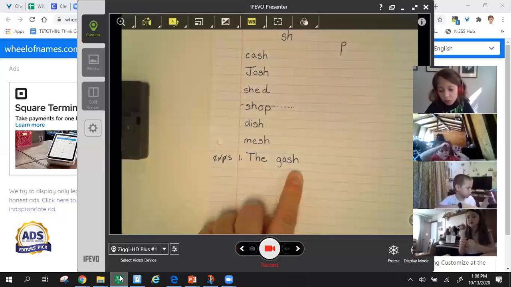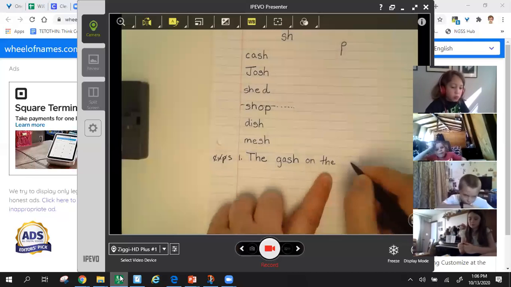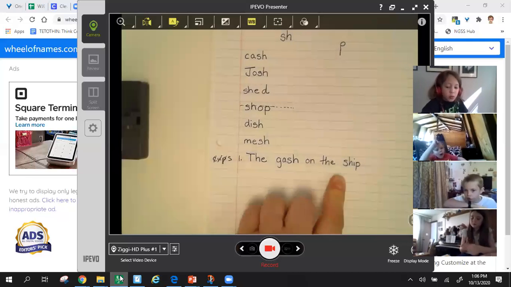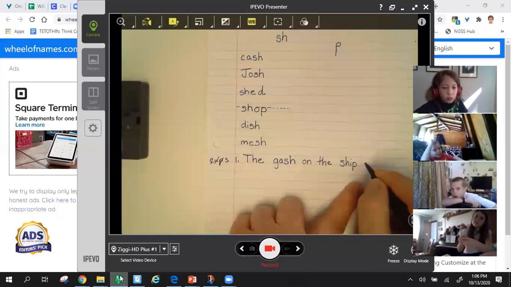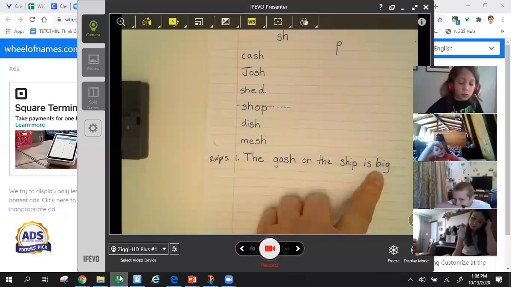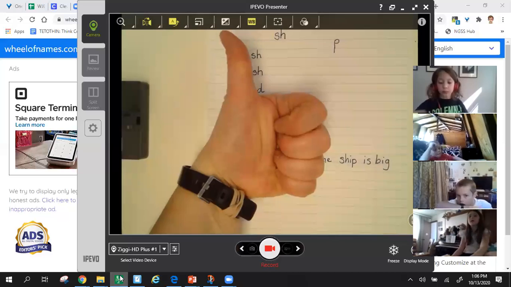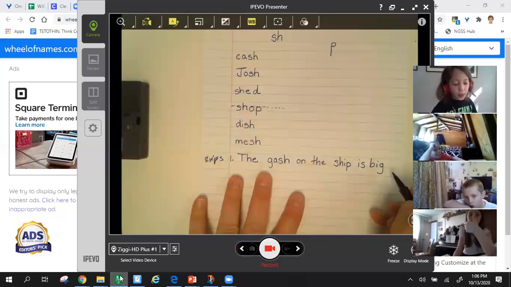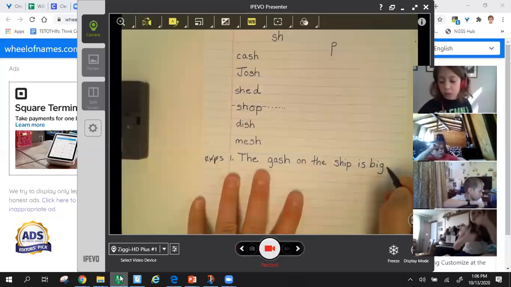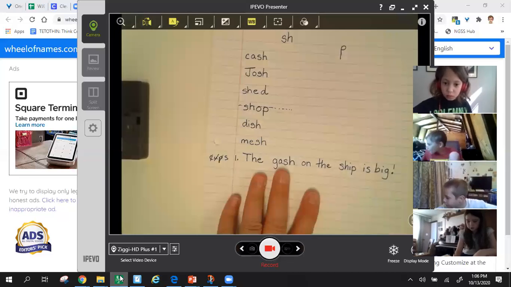Gash on the ship. S-H-I-P is big. B-I-G. Everybody make sure that B facing that direction. Big. What do I need at the end, August? An exclamation mark? Sure. The gash on the ship is big. I could say it like that.